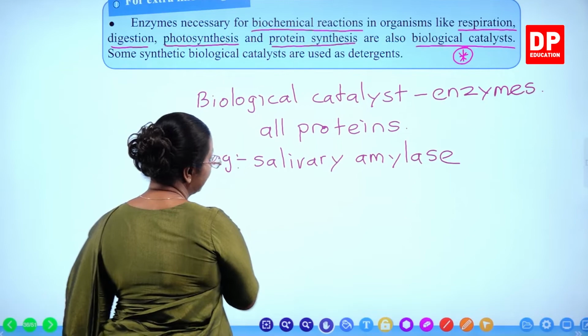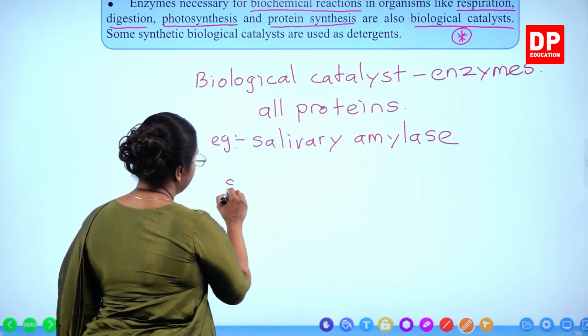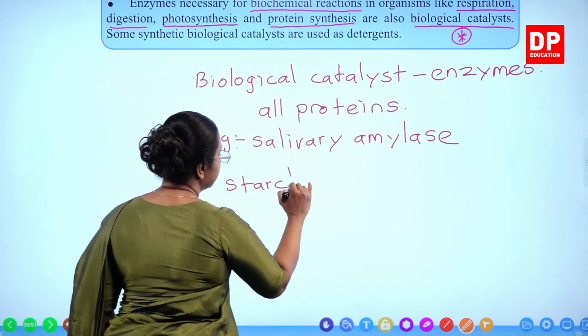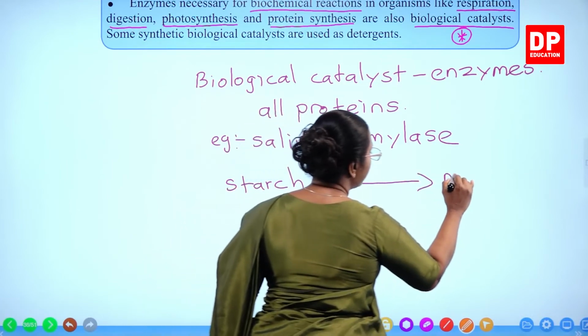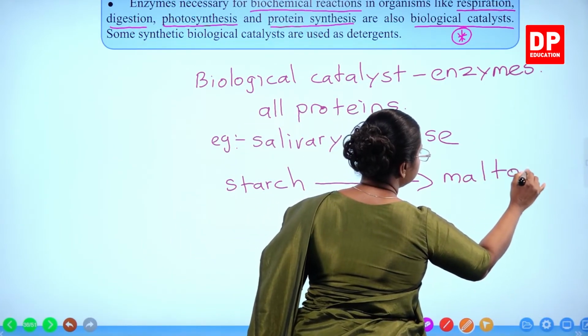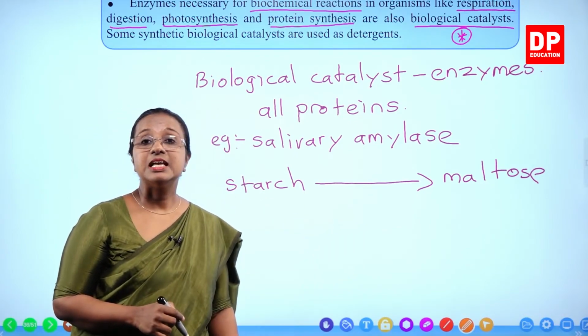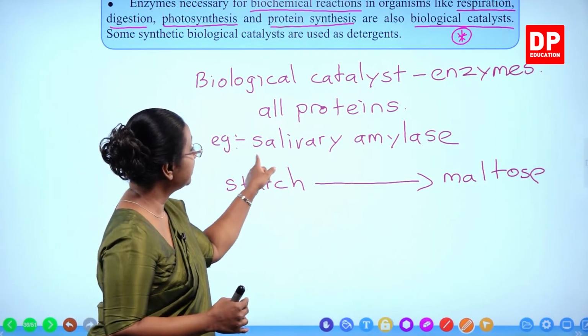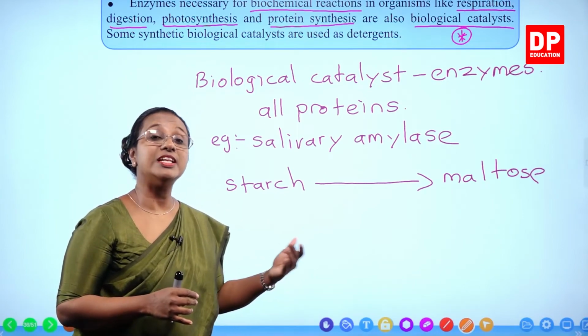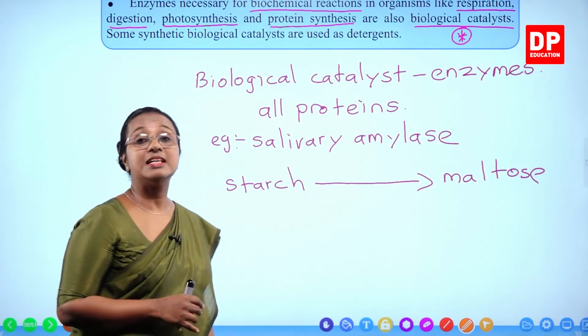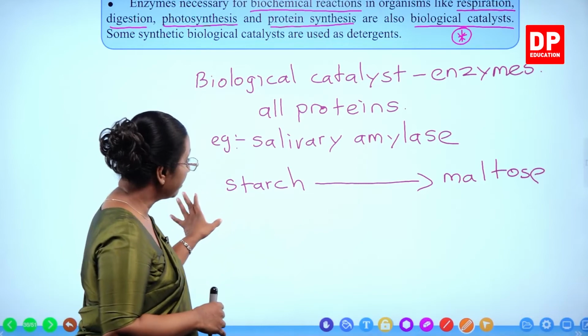When we say hydrolyzes, there is starch, and starch is hydrolyzed to maltose. And the rate of this particular reaction is increased by salivary amylase, or it is catalyzed by salivary amylase. So you can remember all these.